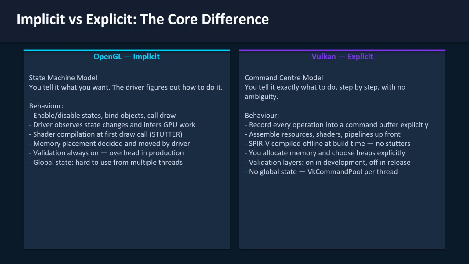Like I mentioned earlier, the same driver is helping you manage your memory, schedule work, allocate buffers, and validate commands. From a developer perspective, it looks easy, especially if you are a beginner. That is where this implicit API helps you.